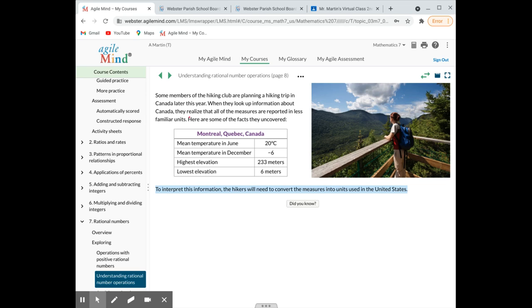It says to interpret this information, the hikers will need to convert the measures into units used in the United States. All right. So what do you think we need to do? We need to convert the measures used into the United States. All right, so let's see what we know.